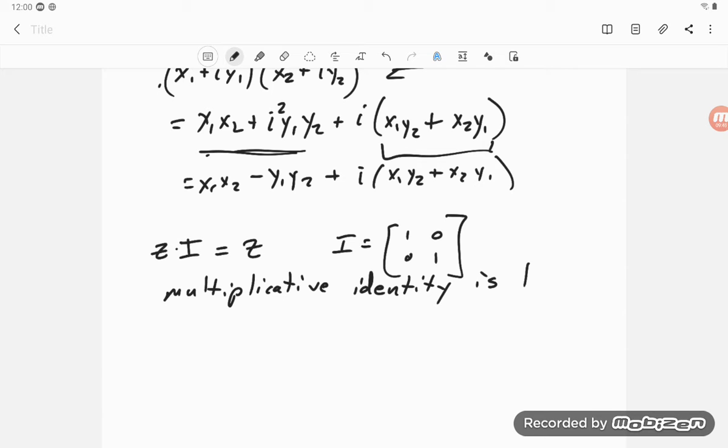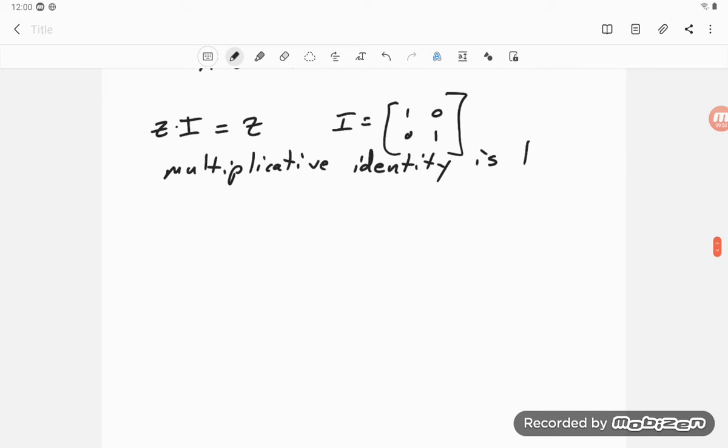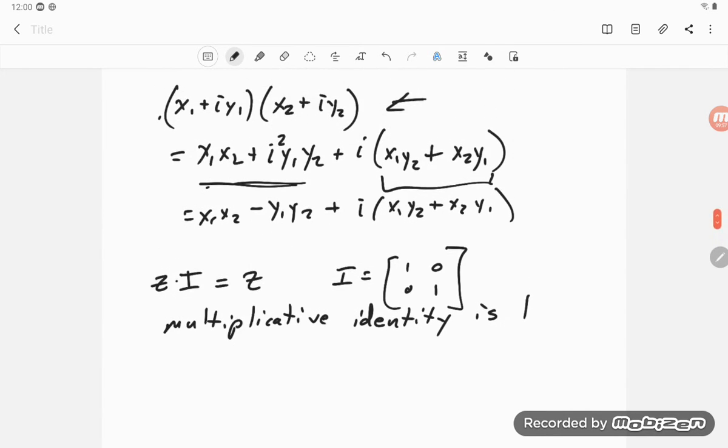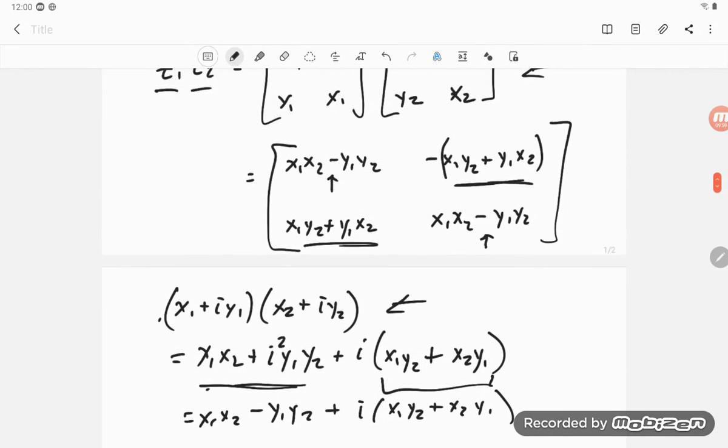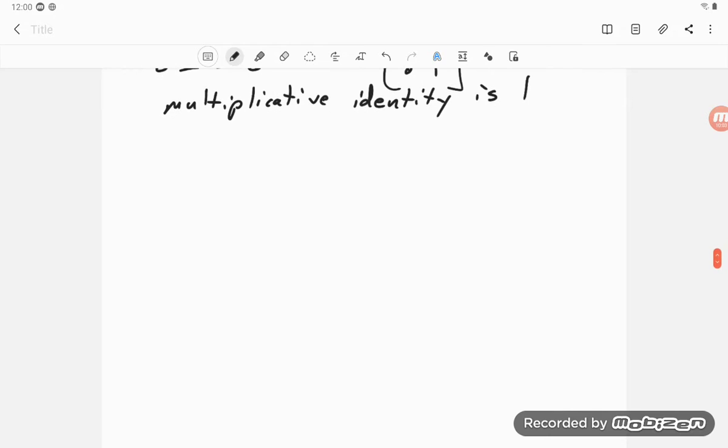I'm just looking through their stuff. We equate two matrices by equating their individual elements.